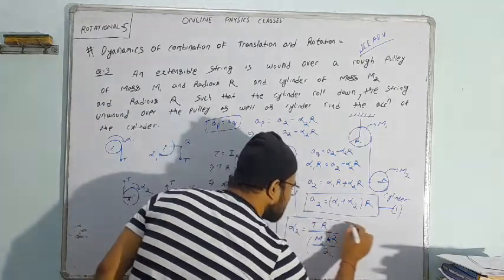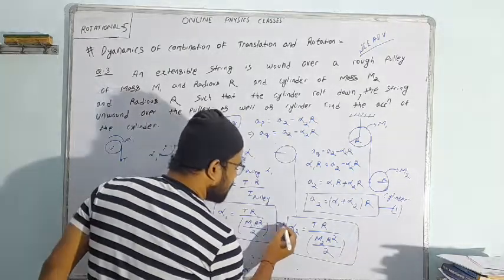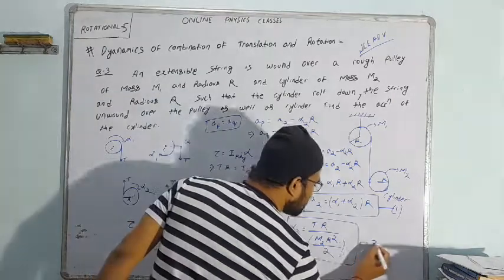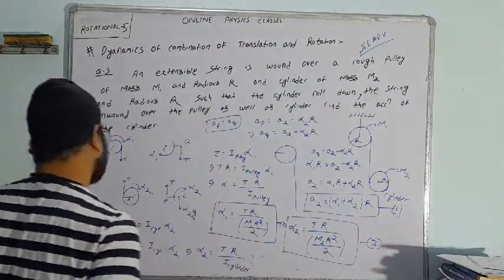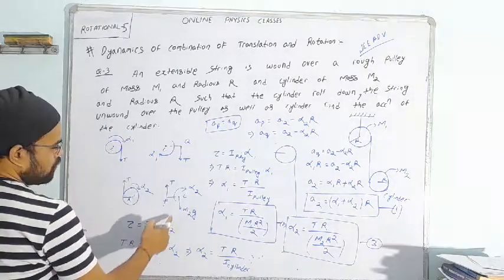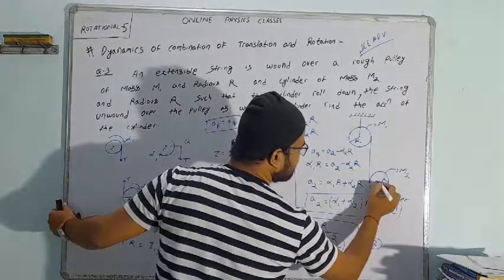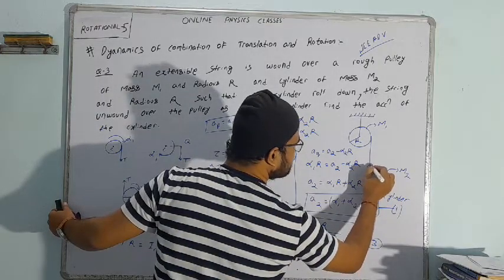Please note down the values of alpha 1 and alpha 2; this is equation 2 and this is equation 3. Now if you balance this cylinder, one weight mg acts and another tension acts.